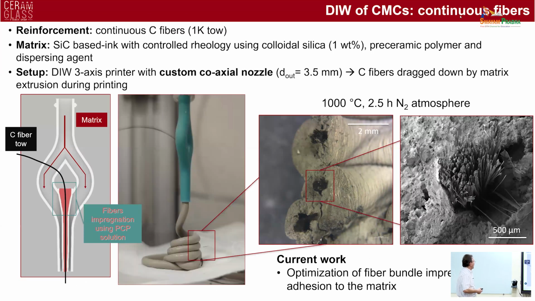So this is again the same type of approach with the fibers coming from a side. You can see here that we can extrude continuously, and you can see here a cross section after pyrolysis, showing the fiber toes placed in the center of the filaments.